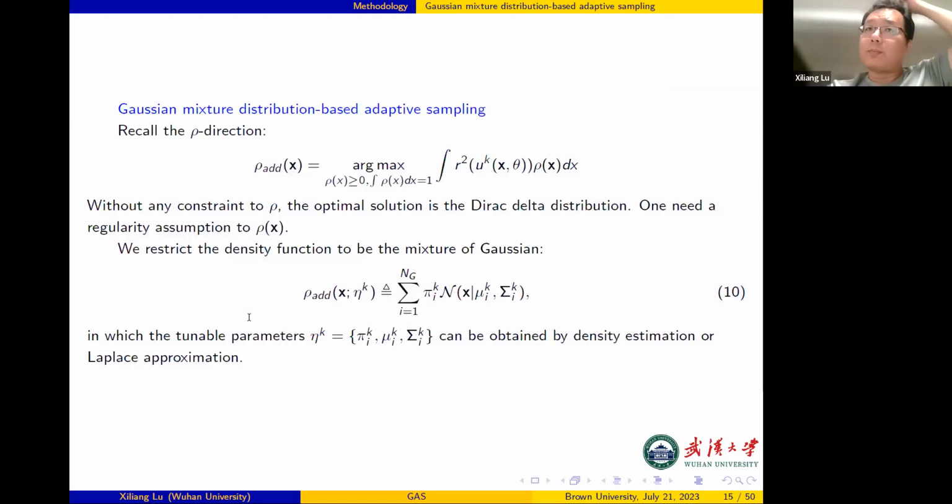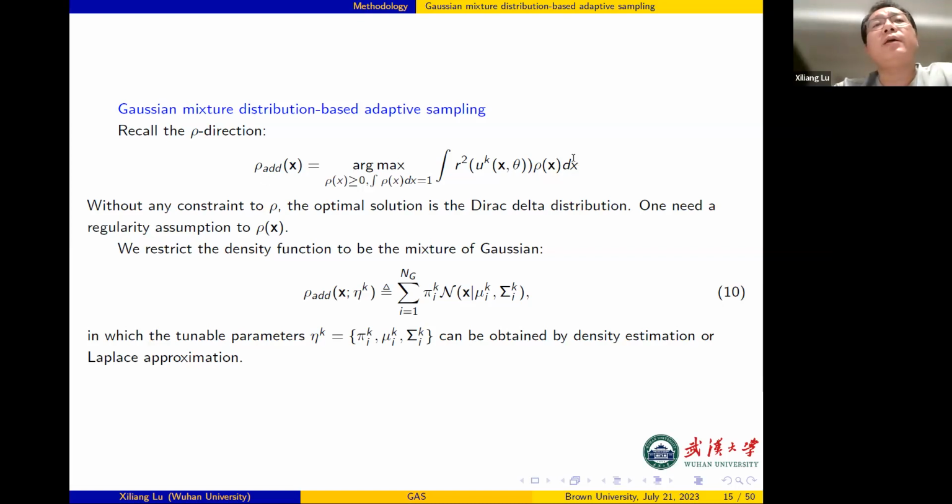Now we move back to the rho direction. The iteration of rho is the most important thing. How do we solve this argmax problem?